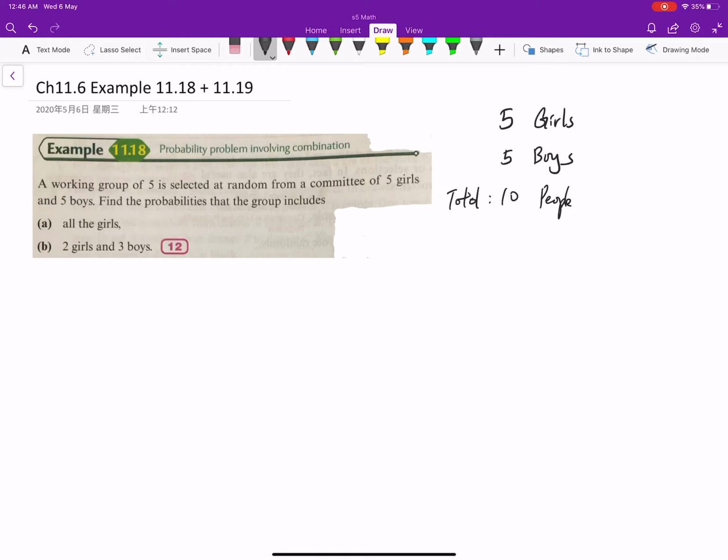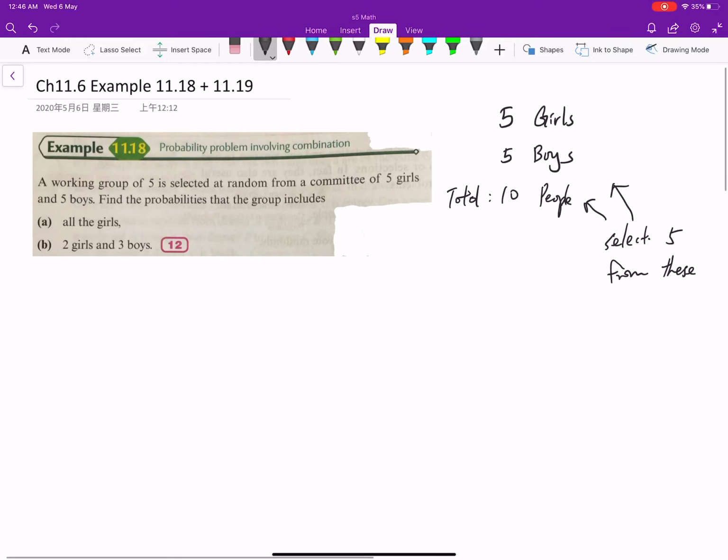And now, we just select 5 people from this 10. Now part A, find the probability that all are girls.